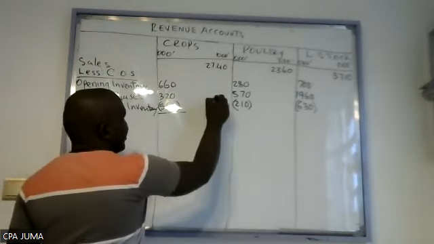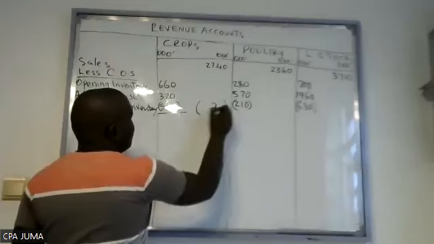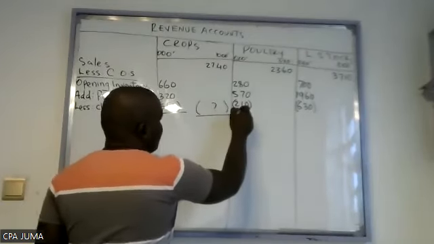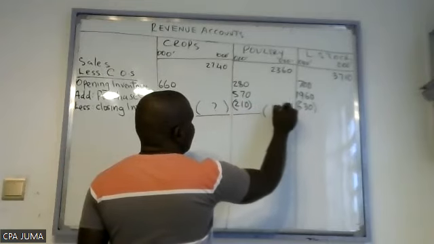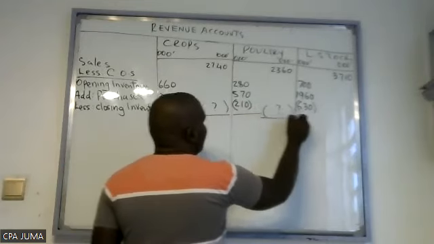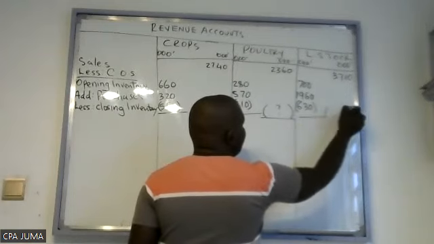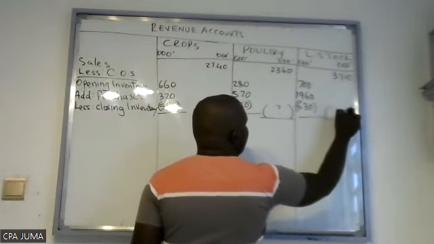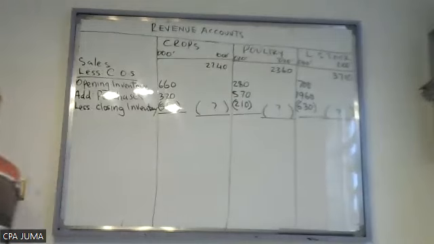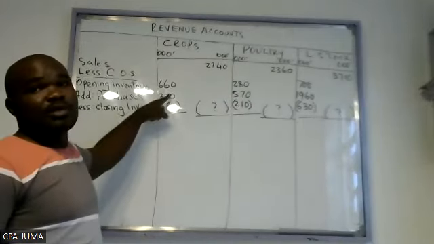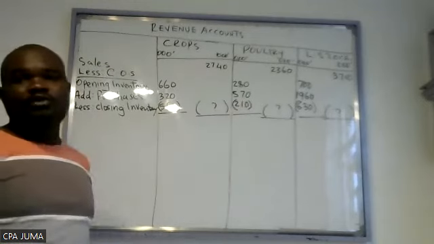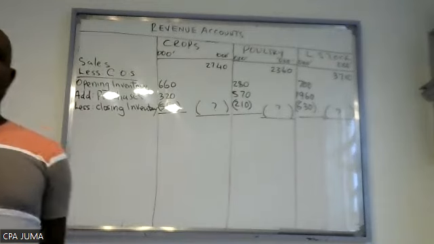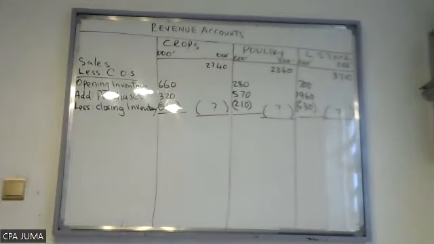You give me the answer here. So give me those 3 answers first before we proceed. So the 3 is the opening plus purchases minus closing. Can you give me those 3 answers at once so that I pick them? Kindly.